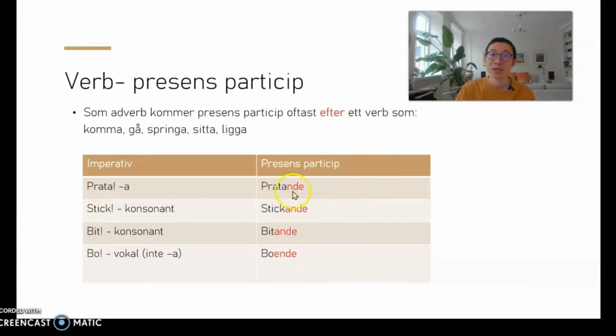In Swedish, it's ende. Stick, sticking, or to stick, is the same spelling in English also. Stick i imperativ form, och det blir stickande. It becomes stickande in Swedish. Bit, bite. Bit i svenska. Bitande i presens particip. Bo blir boende.